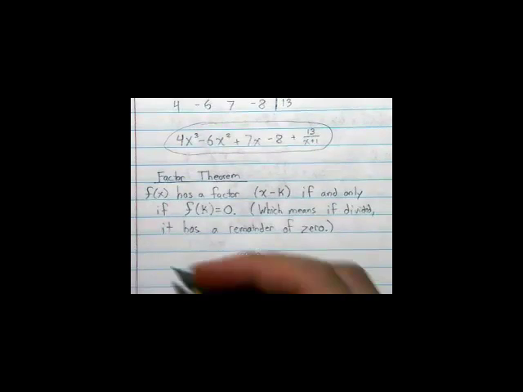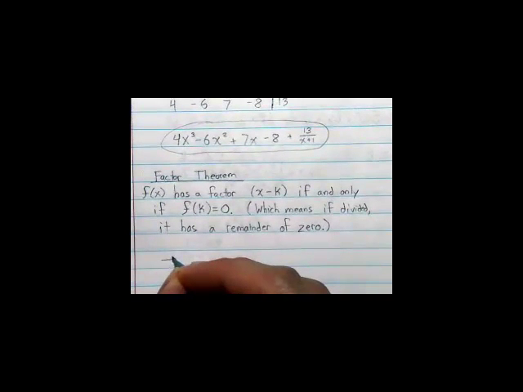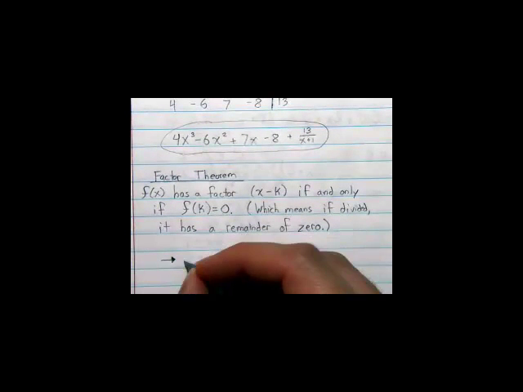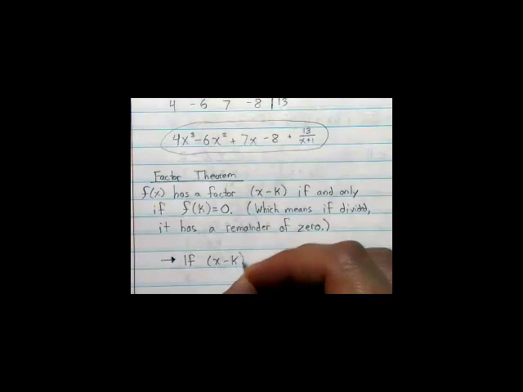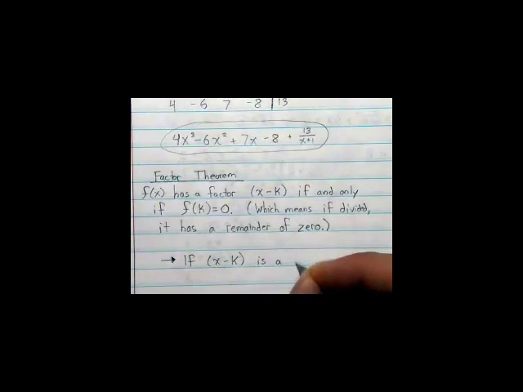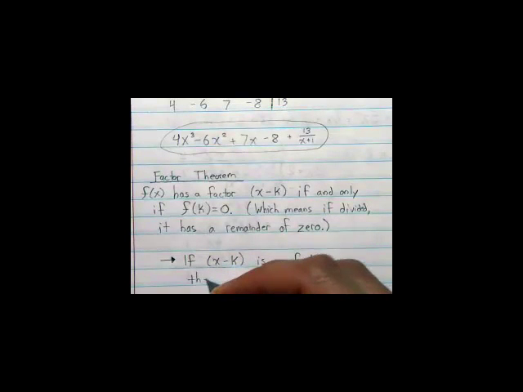Okay? So kind of the big idea here is if x minus k is a factor, then k is a 0.